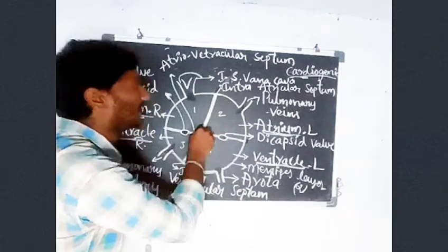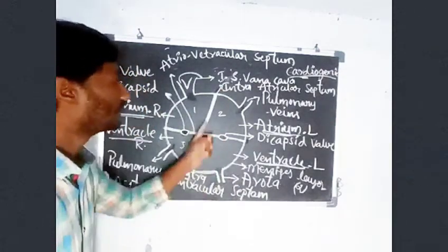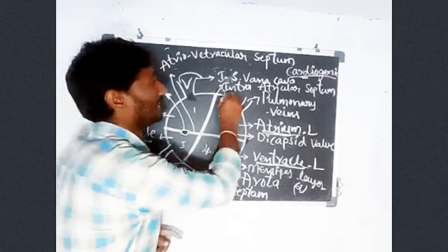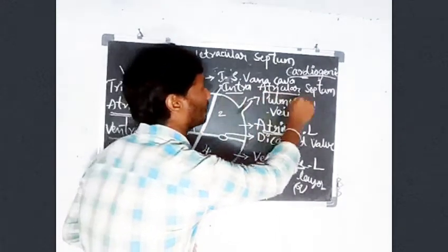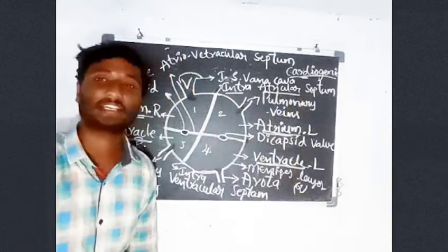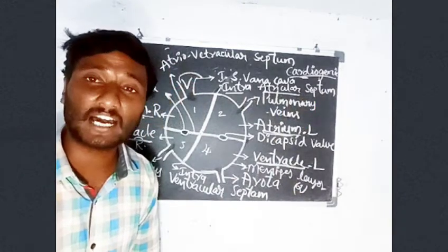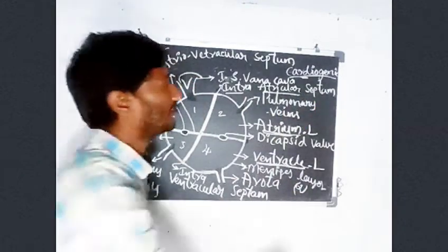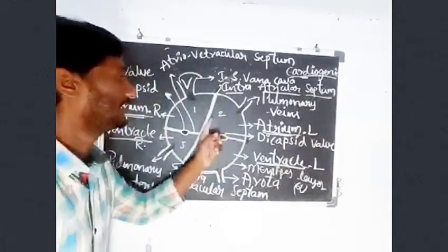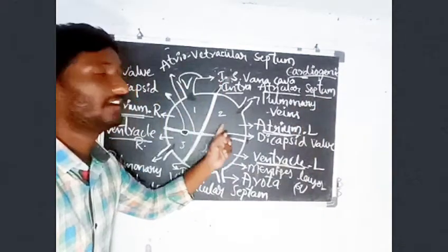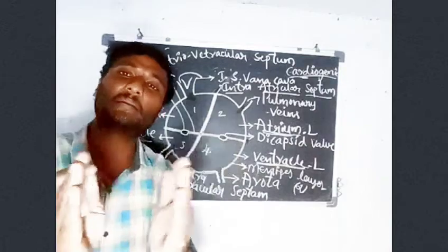The name of this is the interatrial septum. With the help of this septum, the atriums are divided into two chambers.